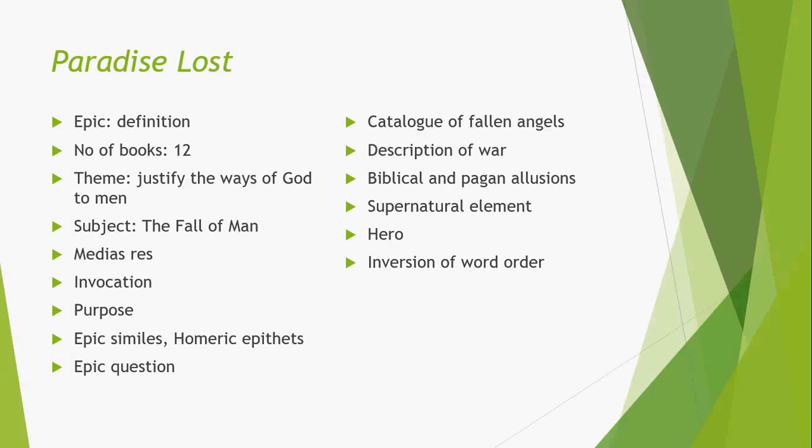This is the story that we find in the first book of the Bible, the Genesis. So the story of the Genesis is taken by Milton in his epic Paradise Lost. So the main subject of Paradise Lost is the fall of Adam and Eve from heaven as a consequence of the temptation by Satan.